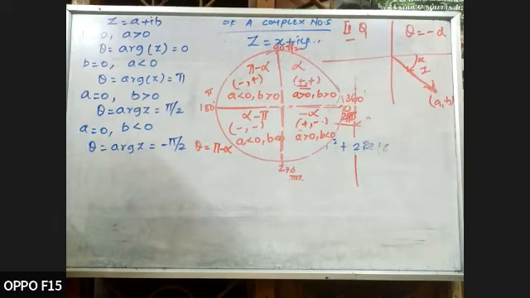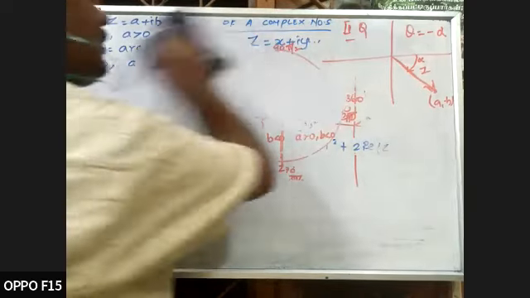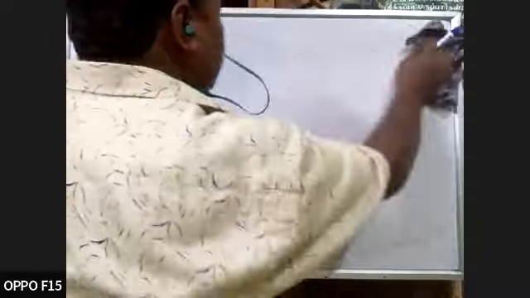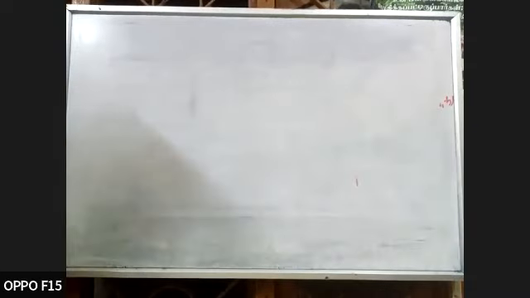Next we'll move on to see some of the properties of the argument of a complex number. Please take down quickly. Properties of the arguments of complex numbers. Okay, now let us see the properties of the arguments of complex numbers. Alright?